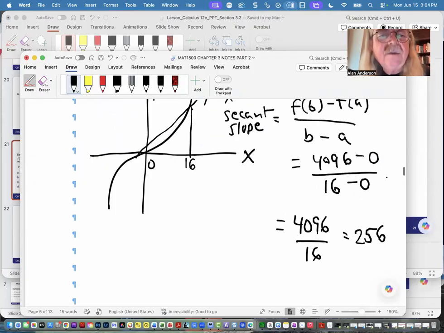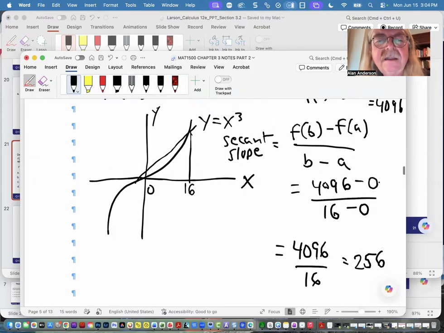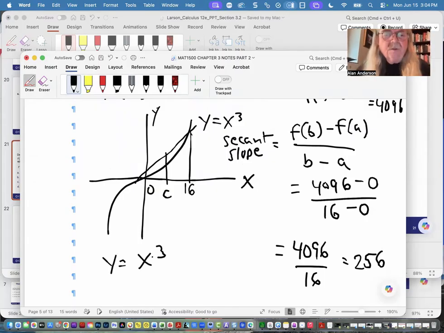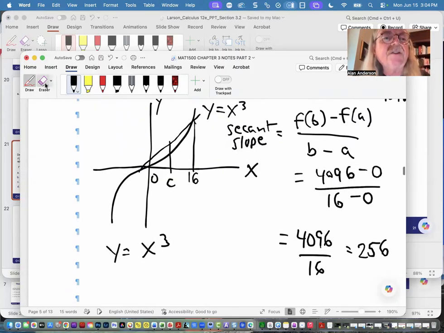So now we can find that point. We need a point where the slope equals 256. So we'll take the first derivative. I'll actually rewrite this as f of x.